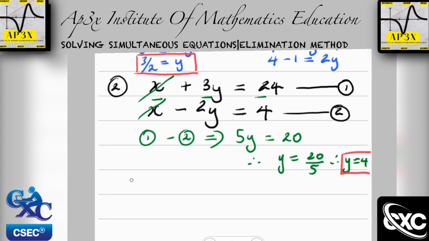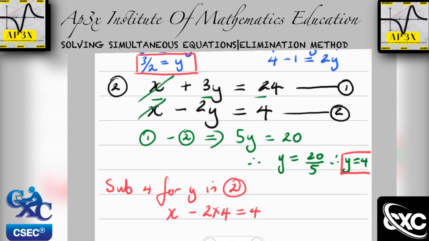So I'm going to end up then with, in equation 2, let me just write my statement. I'm going to sub 4 for y in equation 2. So therefore then I end up with x minus 2 multiplied by 4, and then that's going to be equal to 4. All right.